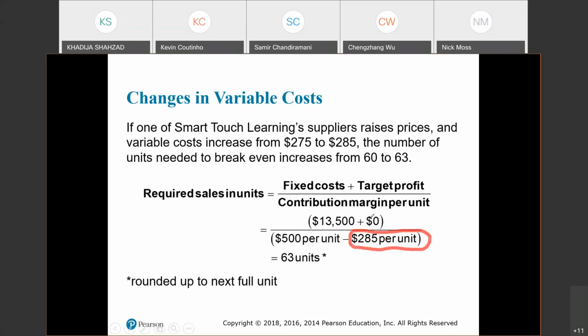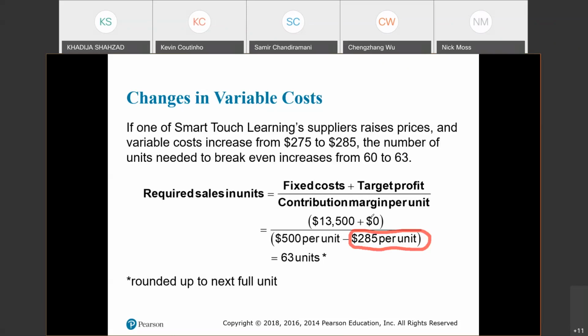Originally it was $275, but now because of the increase of the materials, it raises from 275 to 285.